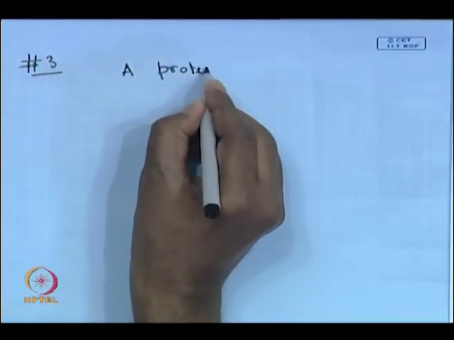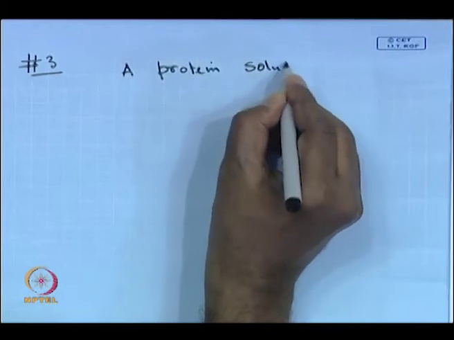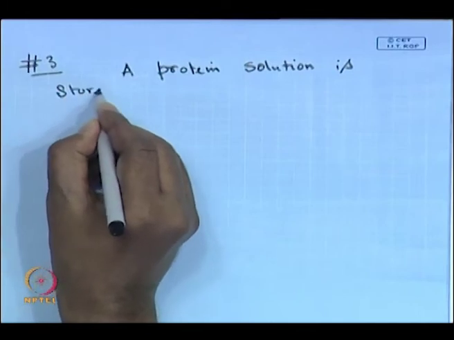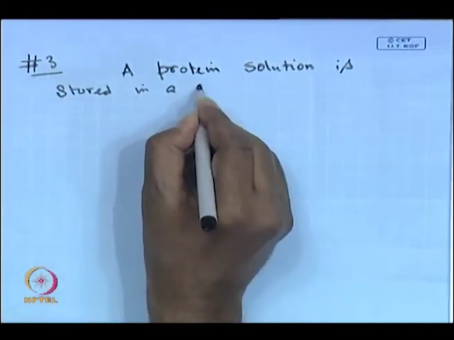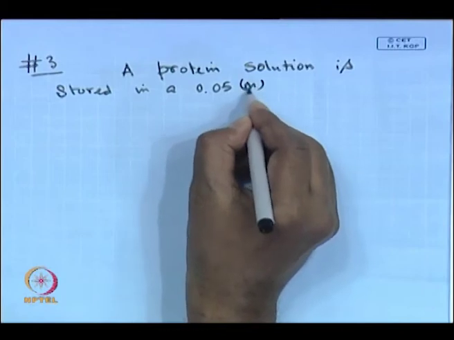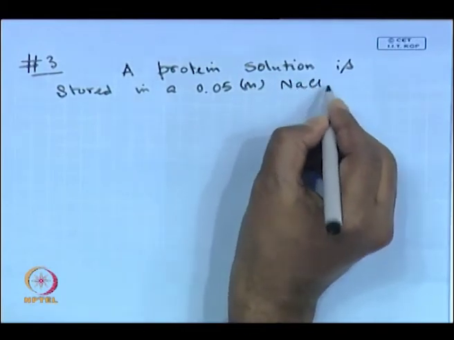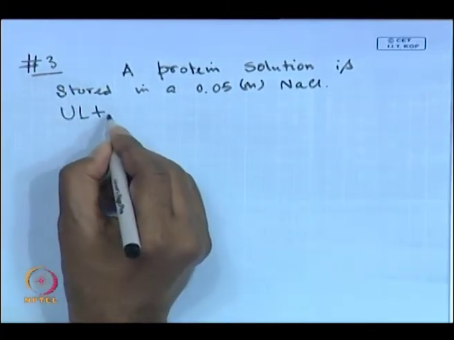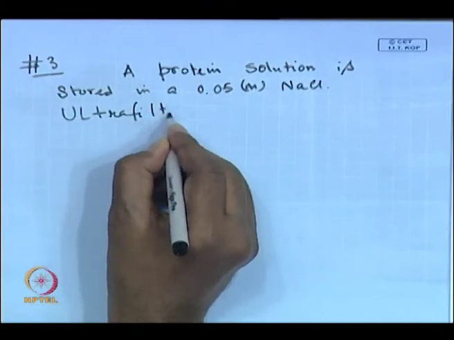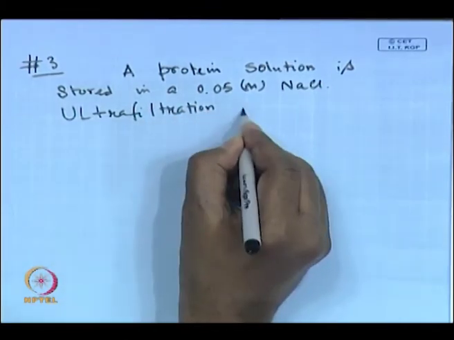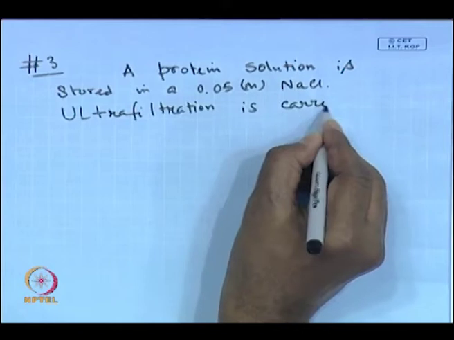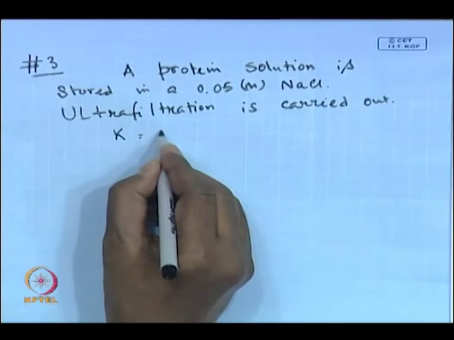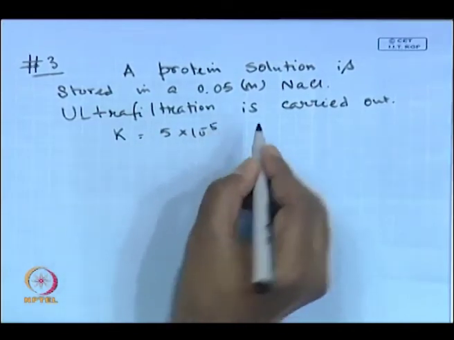that is stored in a 0.05 molar NaCl solution, and ultrafiltration is carried out with a mass transfer coefficient K of 5 into 10 to the minus 5 meter per second.